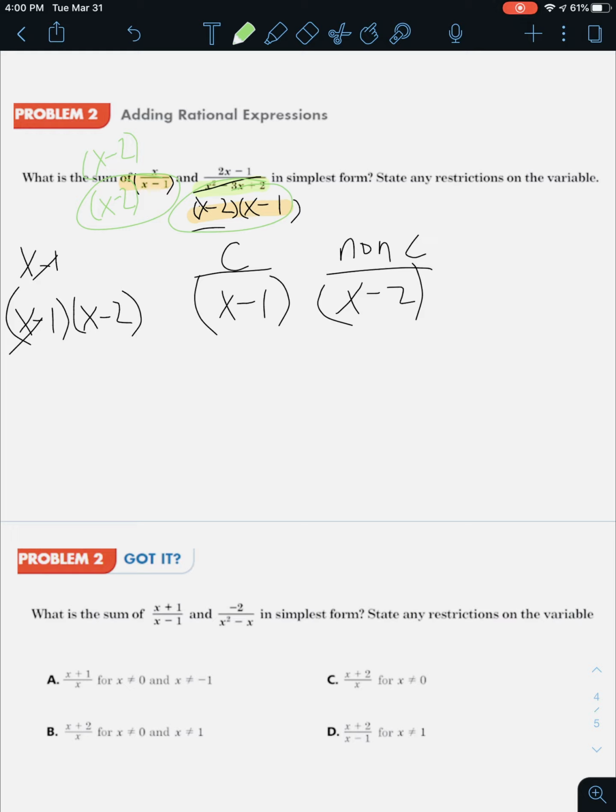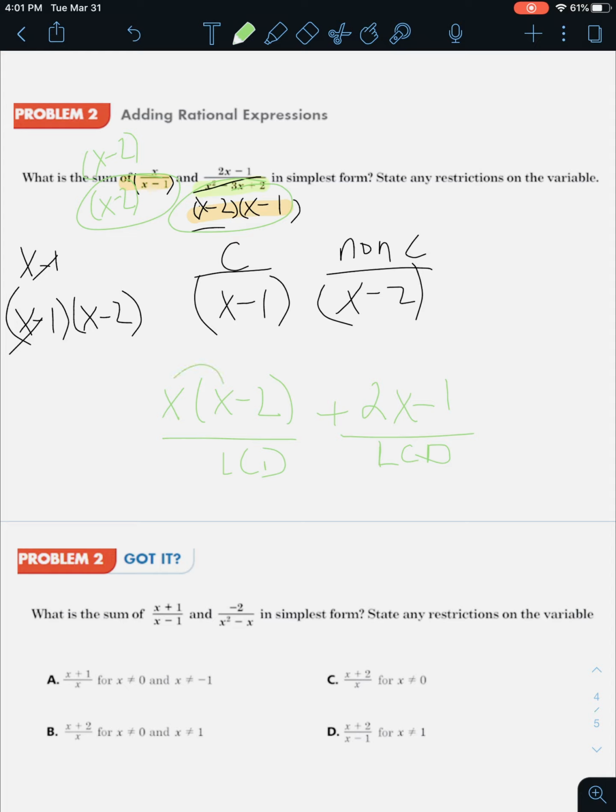So this would leave me with x times (x minus 2) for the first term, plus, on the second one, 2 times (x minus 1). I don't need the extra parenthesis. And that's all over the same denominator, my least common denominator.